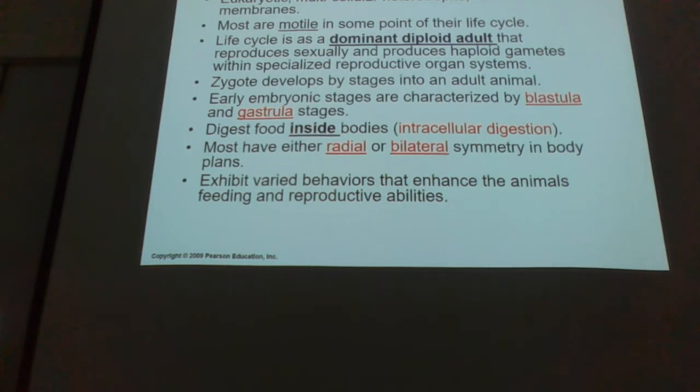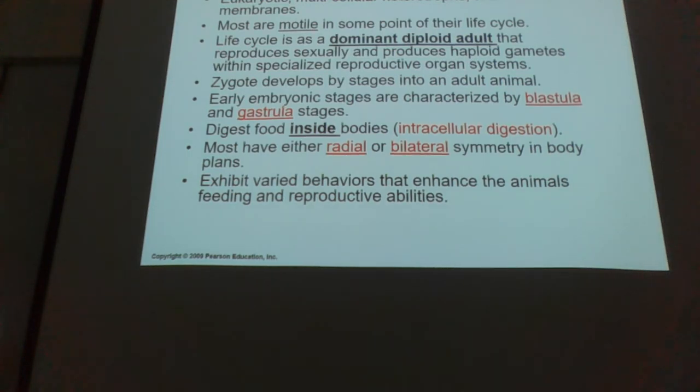So again, an amoeba will ingest anything on its path and digest all that it ingests internally inside the cell. That's what our cells do too. Our cells eat all the time in our body, okay? And digest the food inside. Most animals, we can recognize some kind of symmetry.